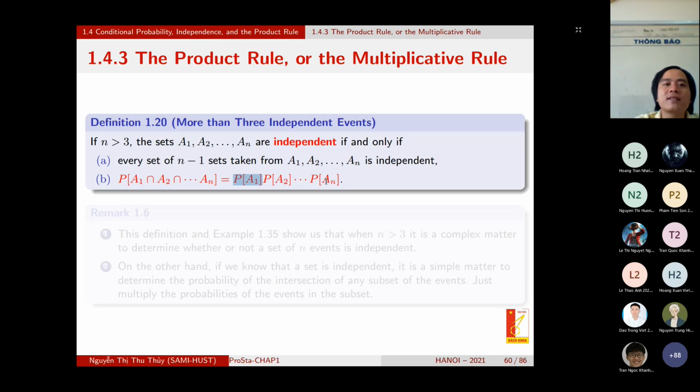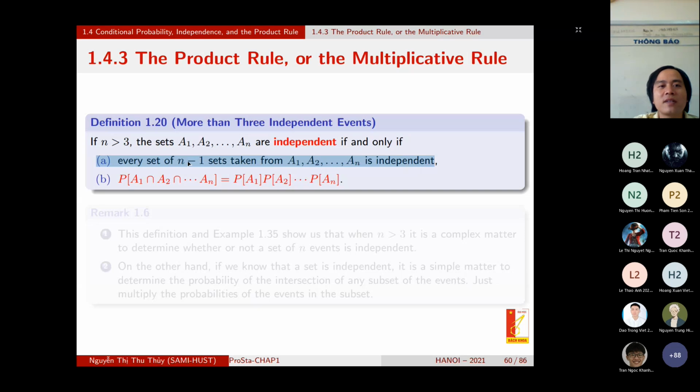What does the first condition mean? For the definition of n independent events, we need the definition of n minus 1 independent events.